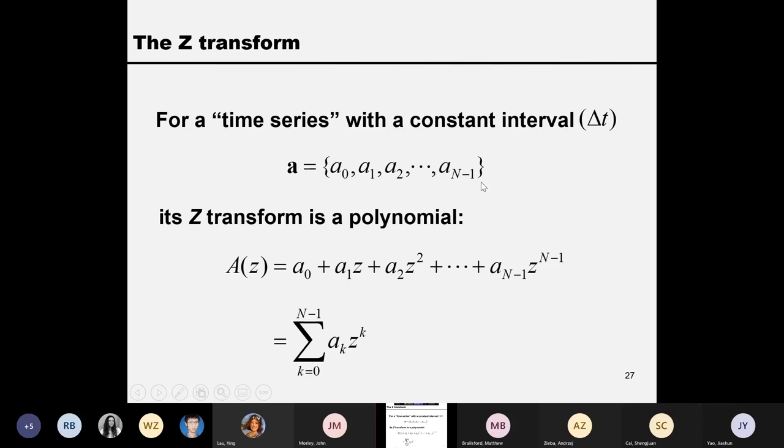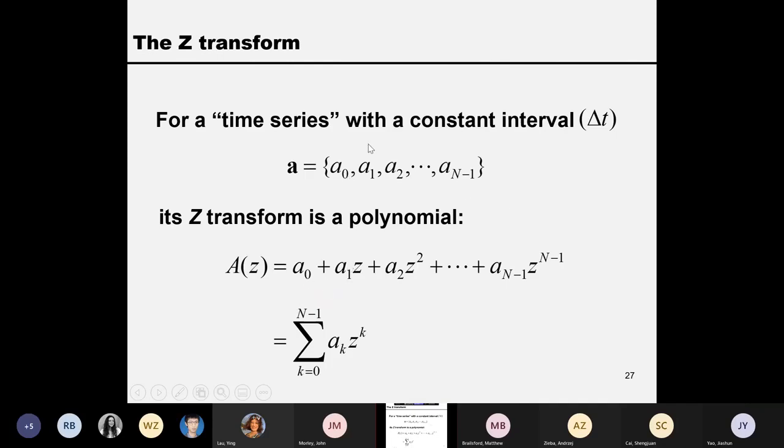So what is the Z transform? Instead of a time series, we transform this time series into a single function, a polynomial, which we call A of Z. How do we make it?